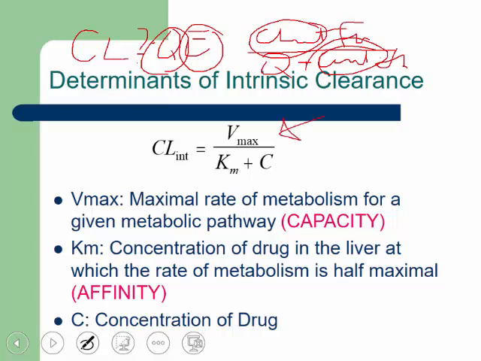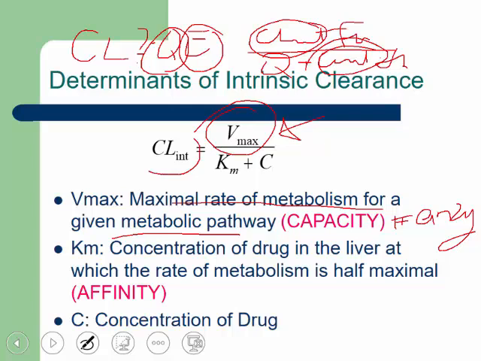It's going to be the capacity of the system, the maximal rate of metabolism for a given metabolic pathway. So that's going to be the number of enzymes. I think of intrinsic clearance as equal to hepatic enzyme activity. The maximum rate is determined by the number of enzymes available.